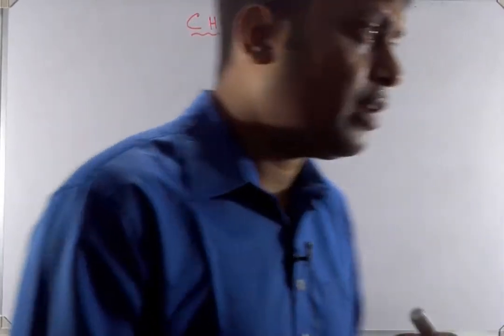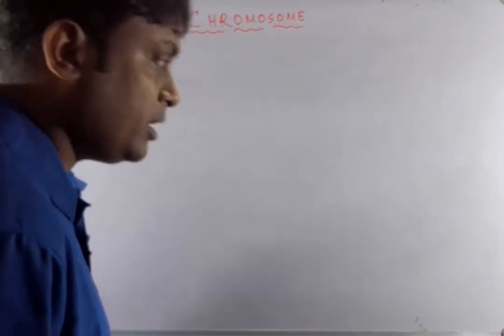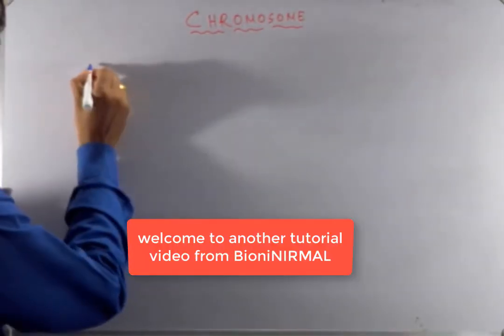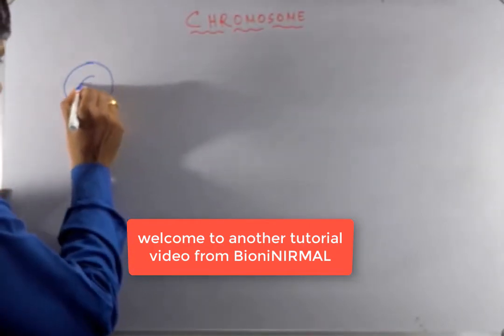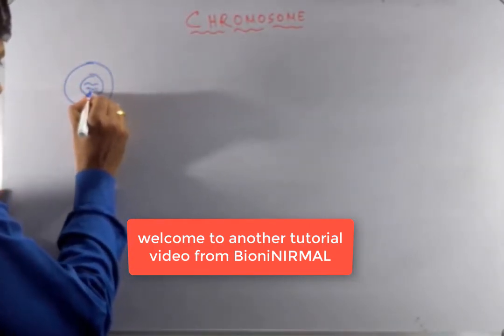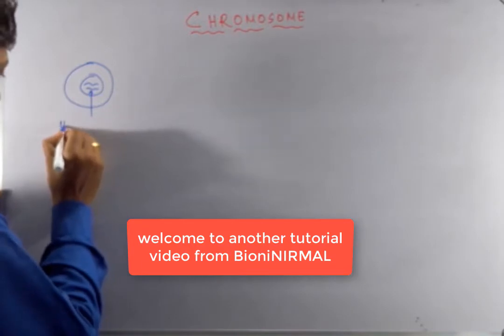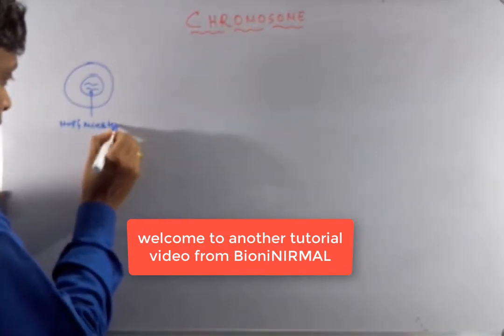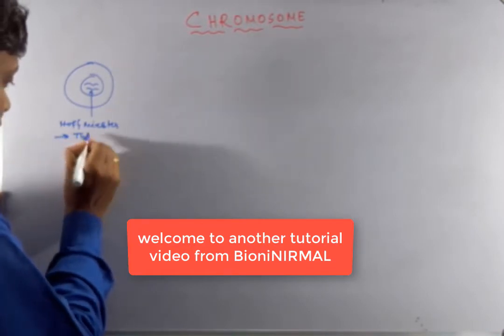Hofmeister first found some thread-like structure inside the plant cell nucleus of Tradescantia edwardsiana. Suppose this is the plant cell and this is the nucleus, and Hofmeister saw some thread-like structure.